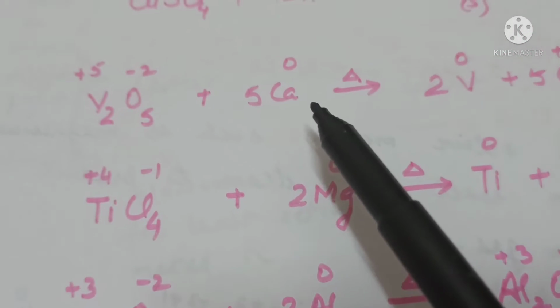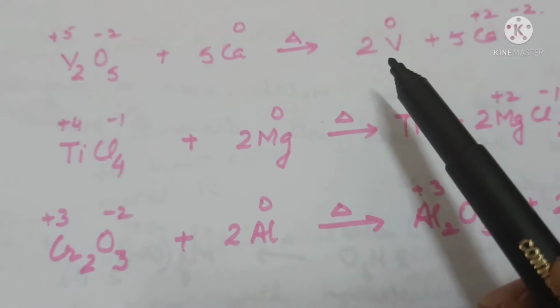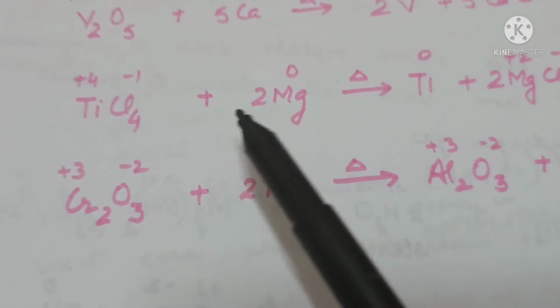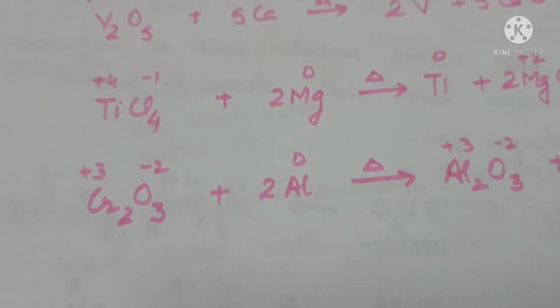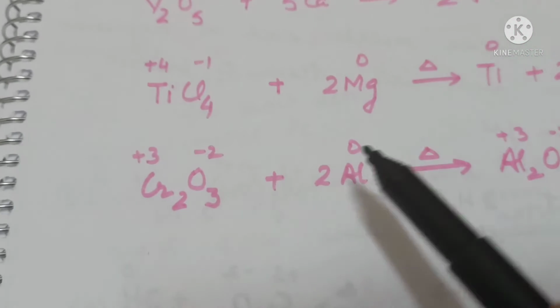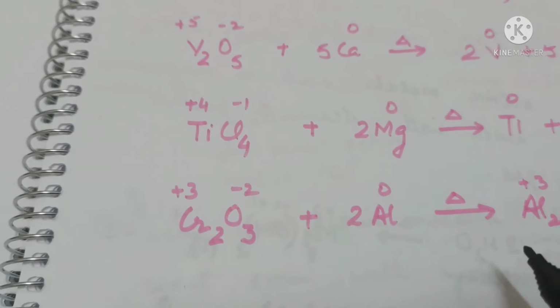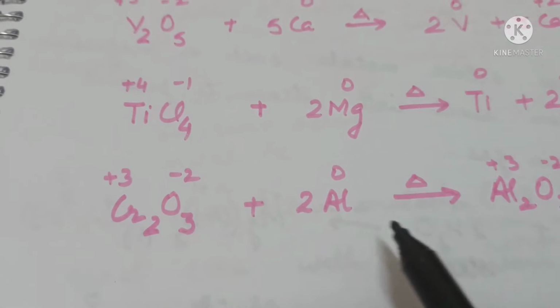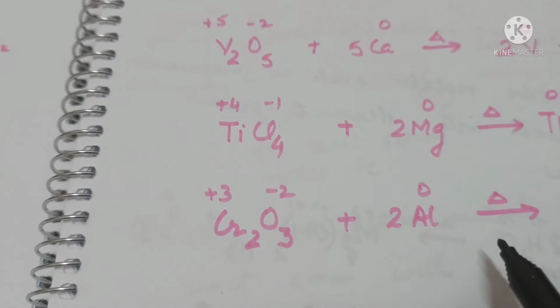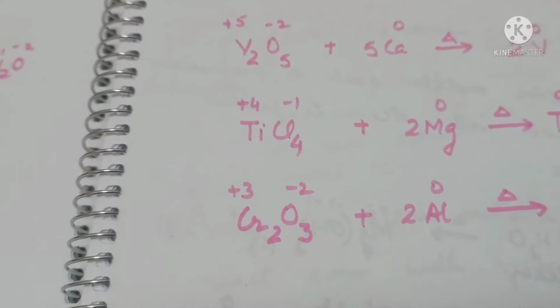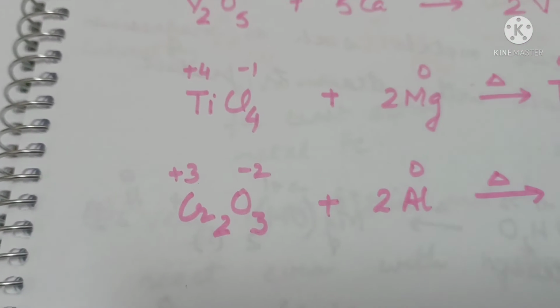For example, calcium acts as a reducing agent to obtain vanadium, magnesium acts as a reducing agent to obtain titanium, and aluminium acts as a reducing agent to obtain chromium. The substance which acts as a reducing agent is a better reducing agent than the one which is being displaced.